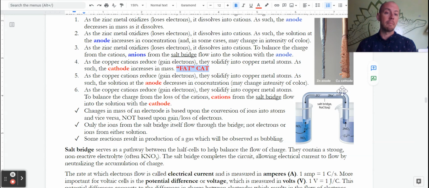NaCl works in this example because sodium doesn't react with nitrate or with copper or with zinc, and chloride doesn't react with zinc, nitrate, or copper. Potassium nitrate's even more common as the salt for the salt bridge because potassium doesn't react with almost anything to precipitate, and neither does nitrate. But the salt bridge completes that circuit and allows the flow of charge to continue.